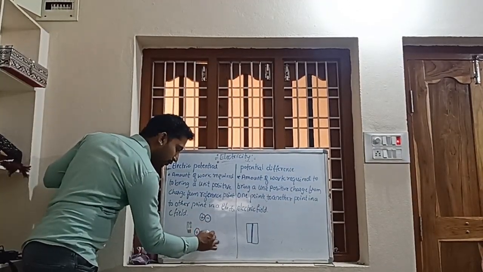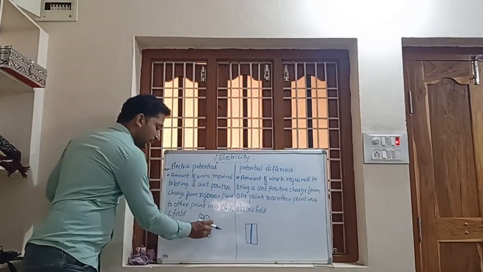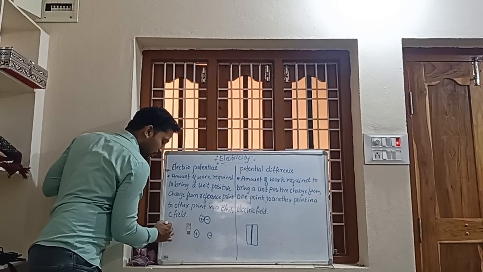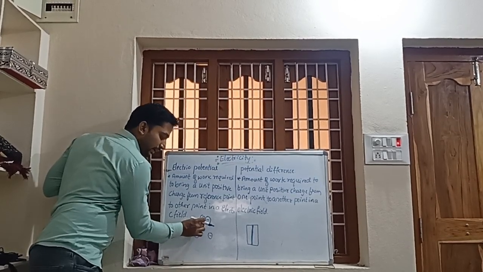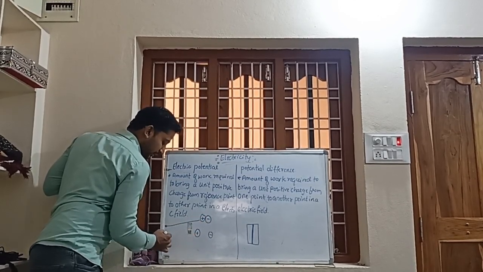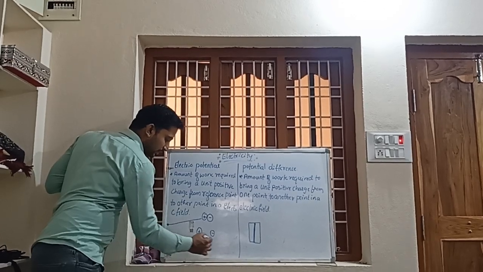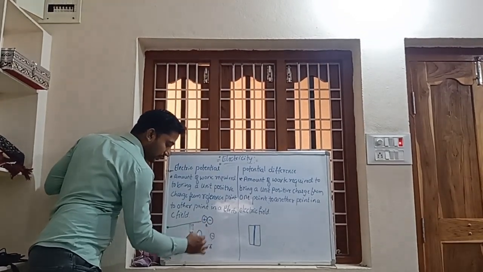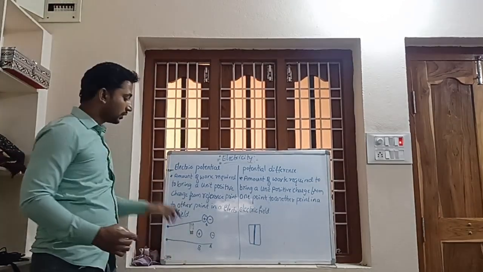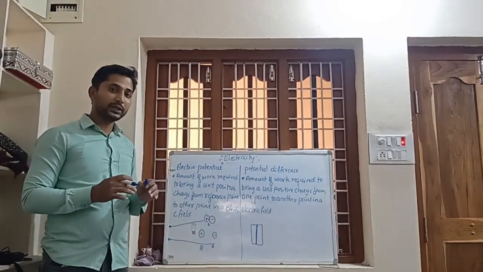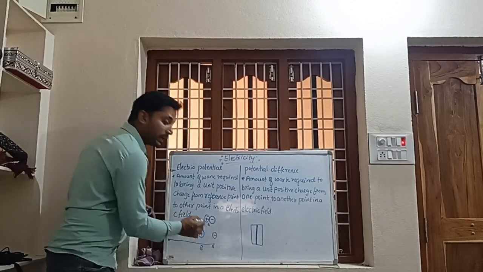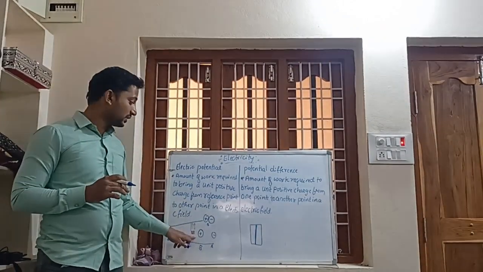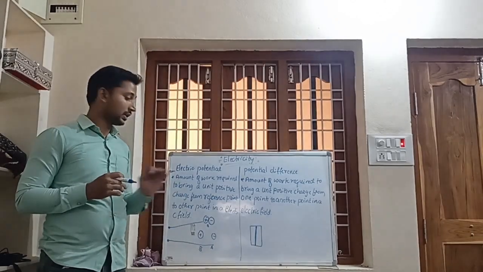If you separate these two charges from infinity, and you bring this charge from here to here, from position A to place B, you are separating them. When you are separating, the potential energy stored in this positive charge is what we call electric potential.